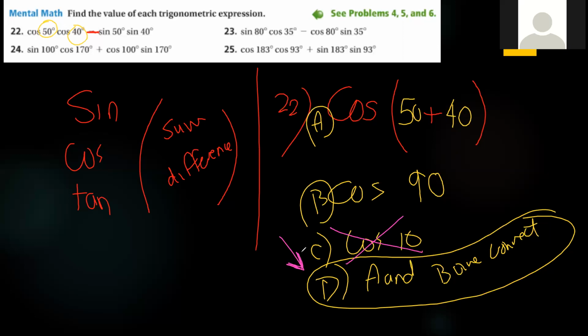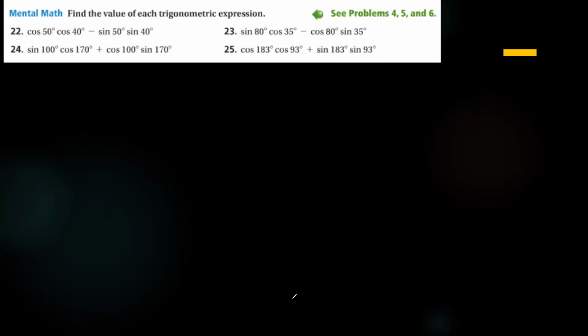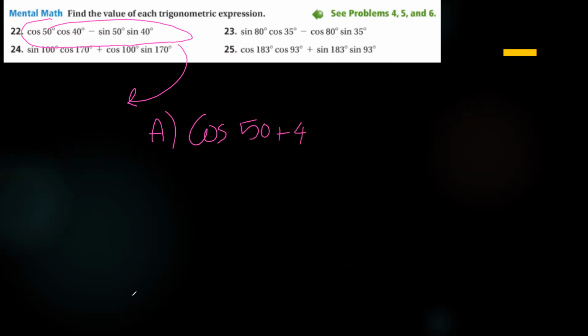Oh, okay. This is a multiple choice question, MCQ. So it's not related to this question? No. I told you, like in the exam, I will give you this one, and you have 4 choices. First one, cosine of 50 plus 40.